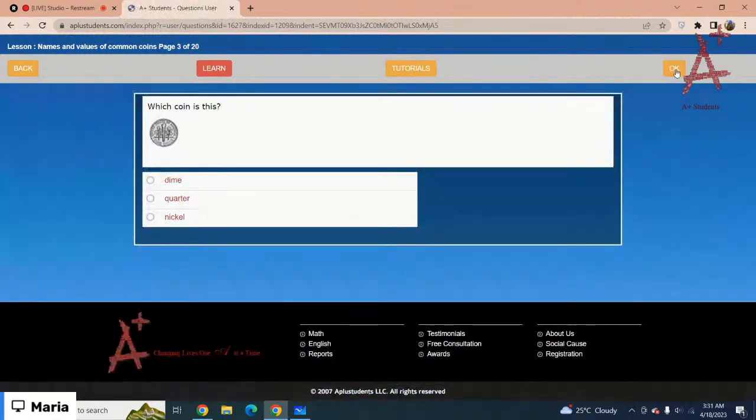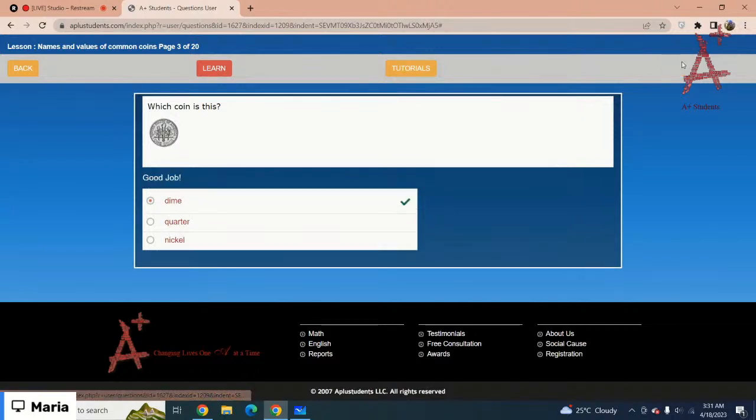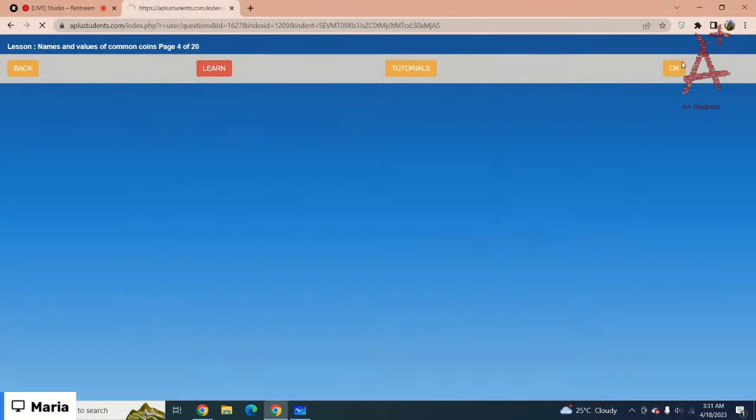Okay, which coin is this? Dime, quarter, or nickel? This is dime. Yes, this is dime.